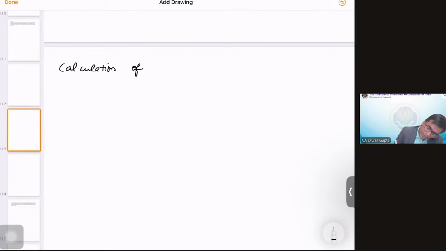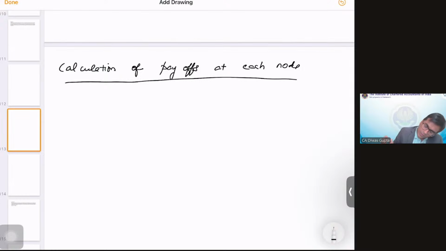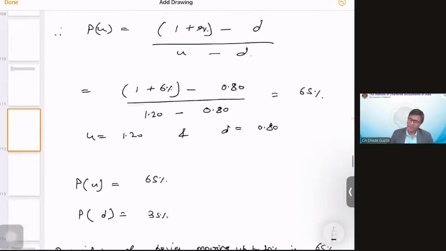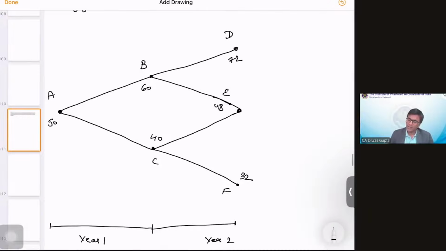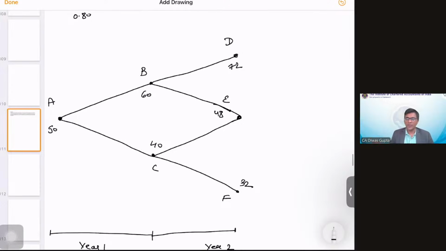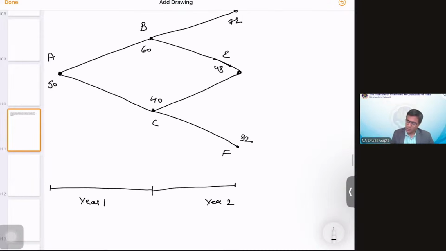Then calculation of payoffs at each node. Now students, whenever we are supposed to calculate this, always start from the end, right? Always start from this part and then move in this direction.